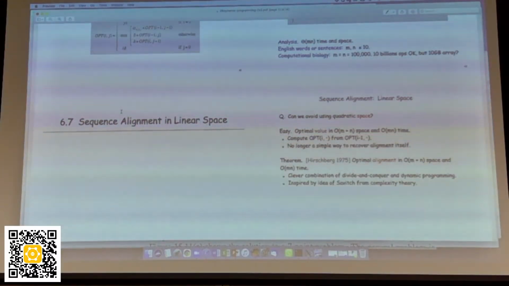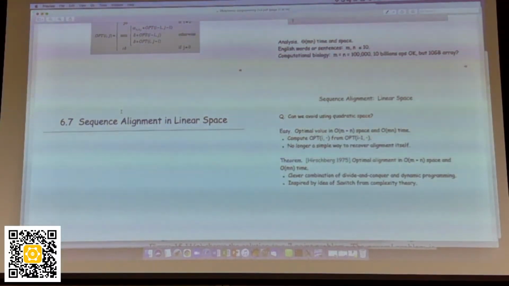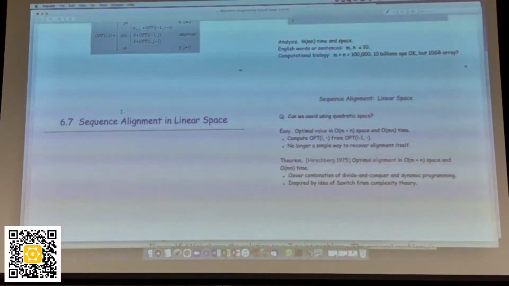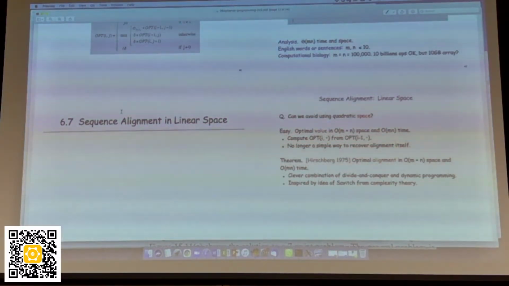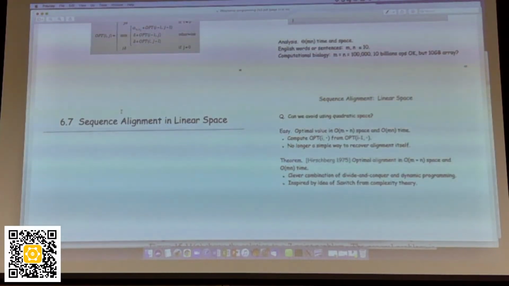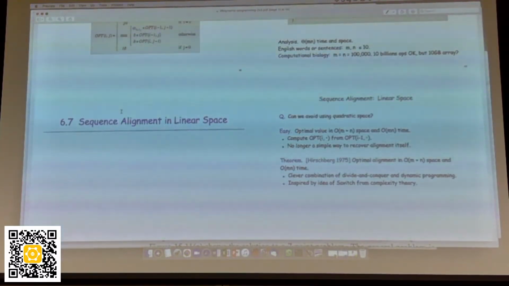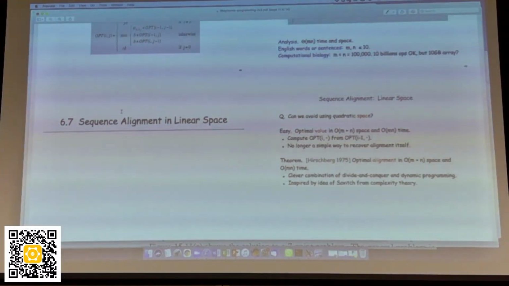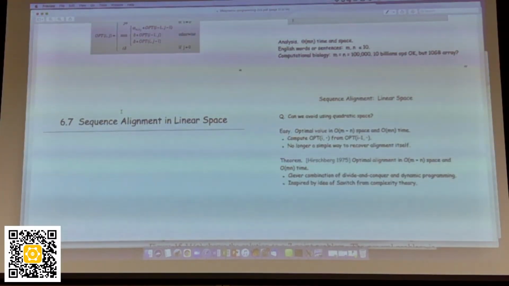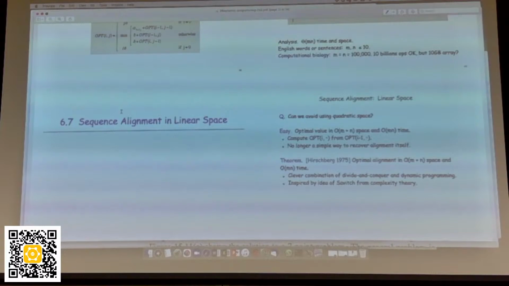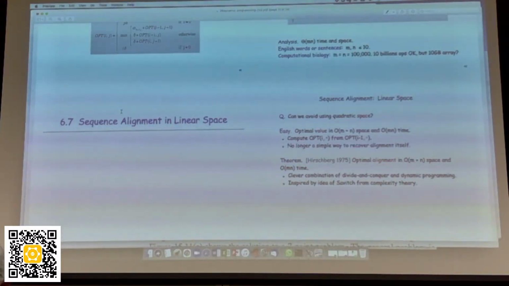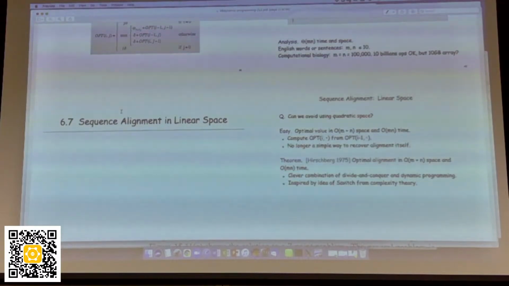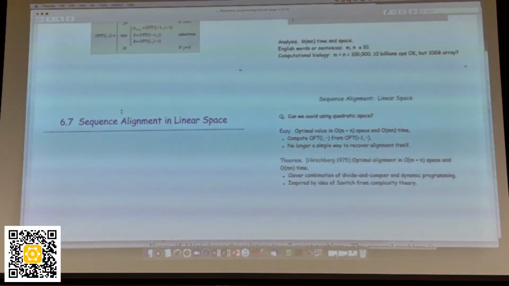And then when you want to go to the third row, you can essentially forget the first row and only use the second row. That's the basic idea, but that doesn't really work, because in the end, you have to figure out all the way up. And if you've forgotten the earlier rows, it helps you figure out the optimal answer with less space, but it doesn't help you figure out the actual alignment. And that's where the rub is.